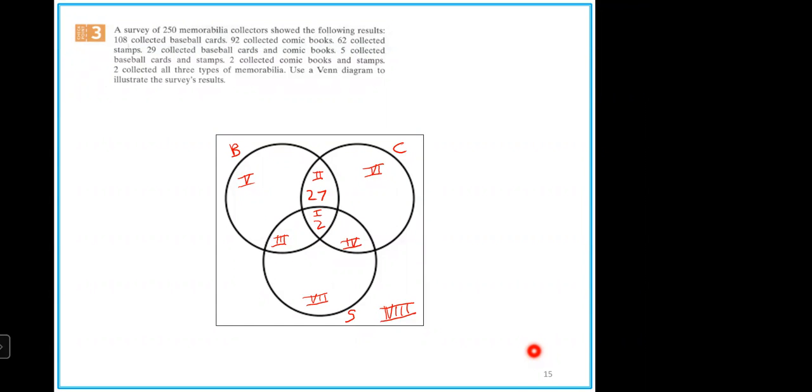So we start off by saying it's baseball cards and stamps. So isn't that 3? Are you looking at the diagram I have here? Comic books only, you have that label as 3, right? Or that's something else? No, you see where I have 3 is right here in the intersection.